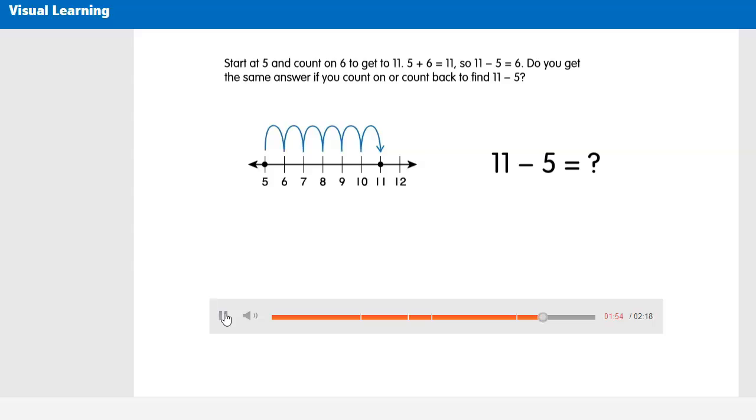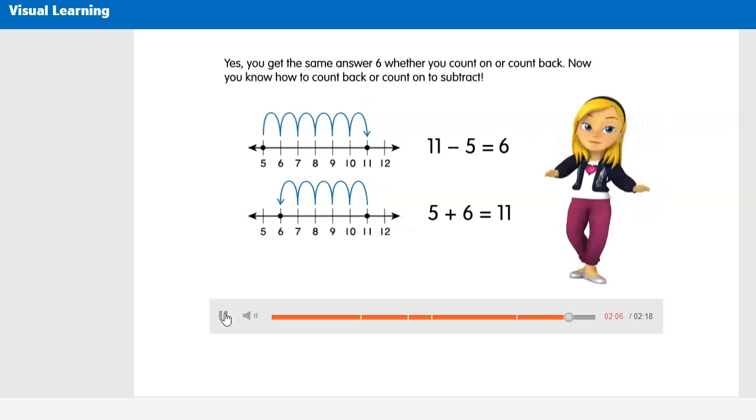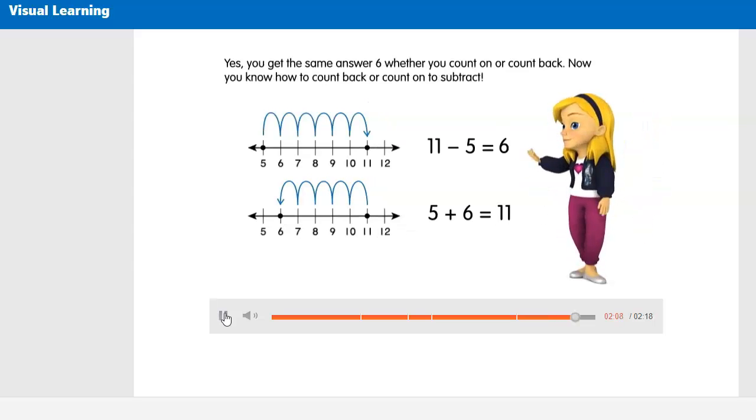So 11 minus 5 equals 6. Do you get the same answer if you count on or count back to find 11 minus 5? Explain. Yes, you get the same answer, 6, whether you count on or count back. Now you know how to count back or count on to subtract.